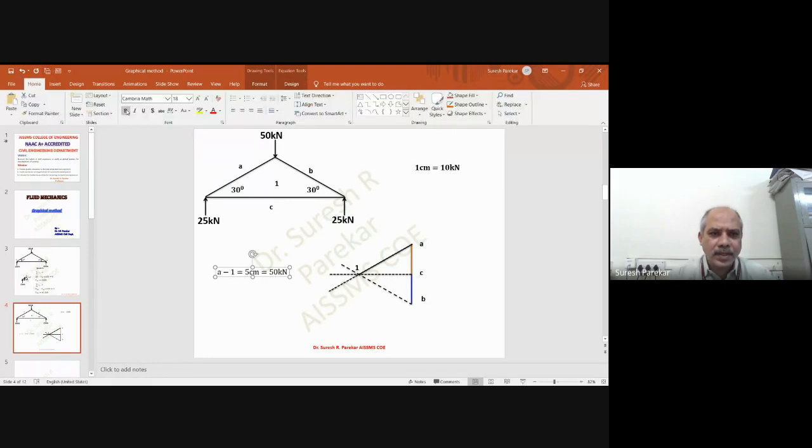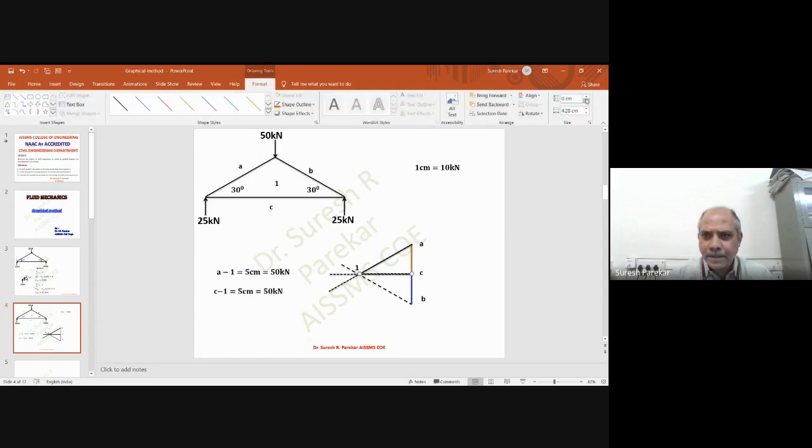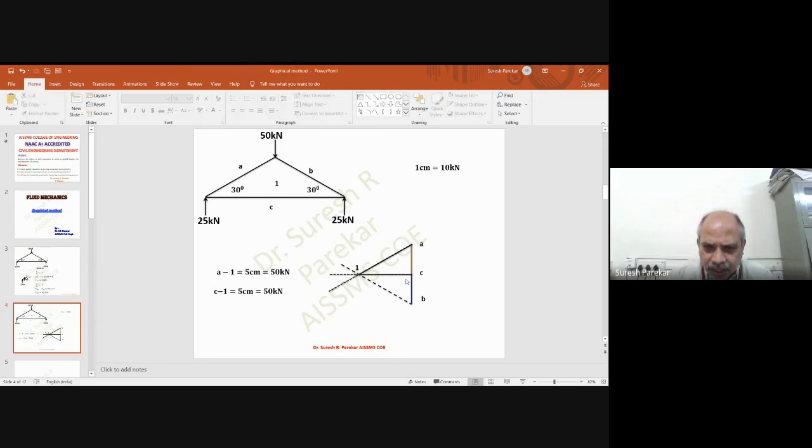Then we can go with C1. So we will have C1 now. We have to measure C1. So now I will measure C1. And you can see we have this as 4.3 centimeters.